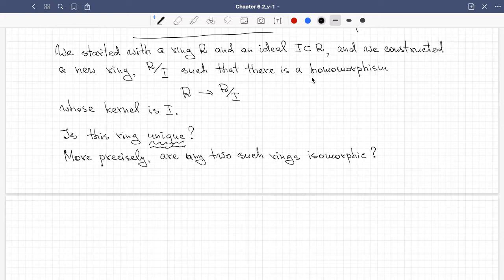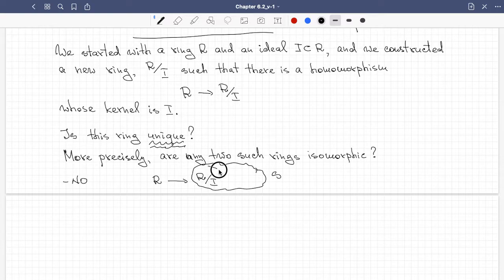Then the situation may be as follows. The answer is no, because it may happen that we have R mapping to R over I, which sits inside a much bigger ring S.